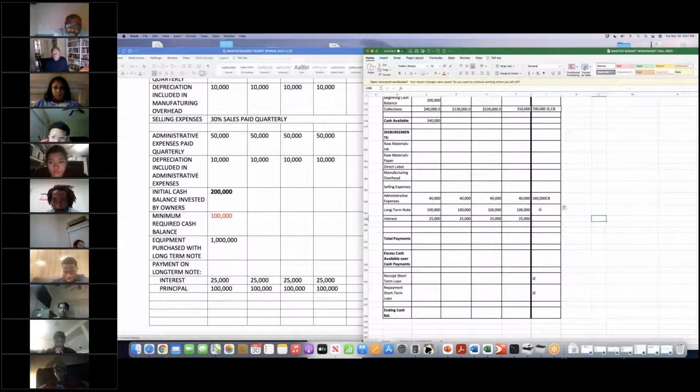And the total for the long-term note would have been 400,000, and interest 100,000.